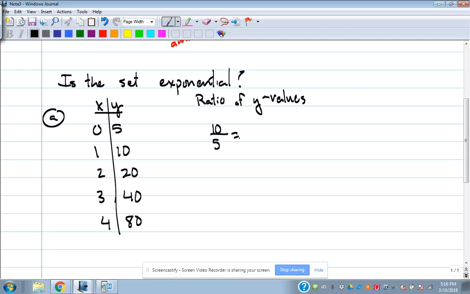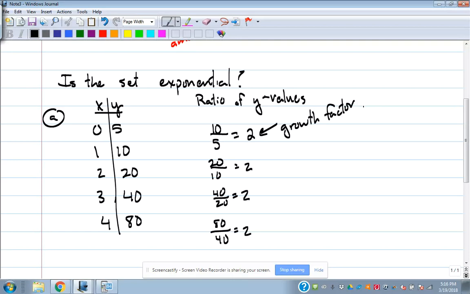How much is 10 over 5? 2. What's 20 over 10? 40 over 20. 80 over 40. It's a constant rate, right? That rate is your growth factor.